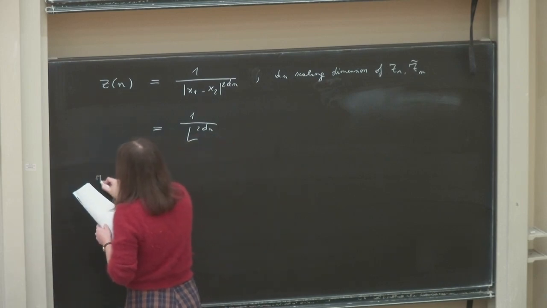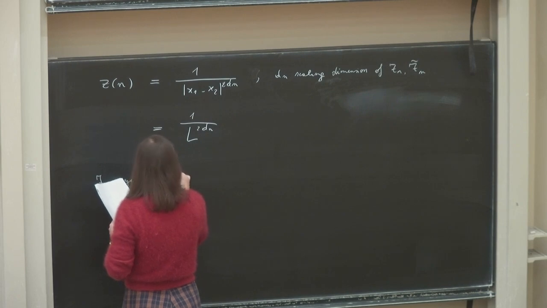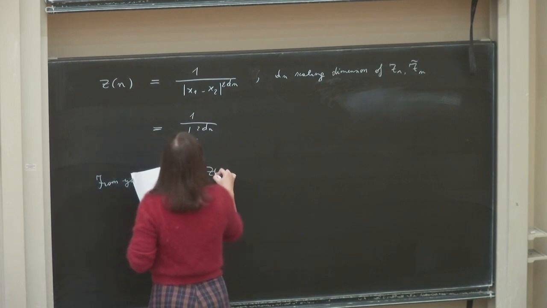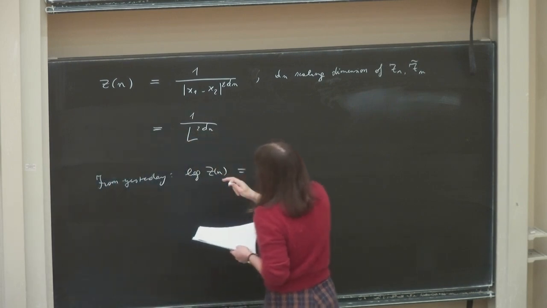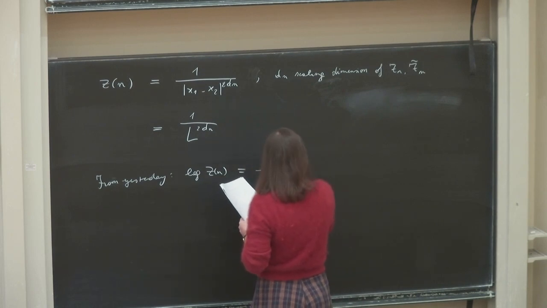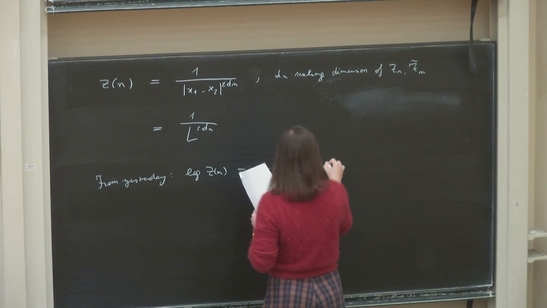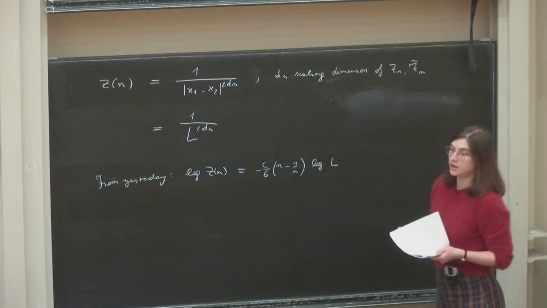So from yesterday, we know that we arrived at Z as a function of L as such, L to the power of minus (1 minus 1 over n) times c over 12... like this.